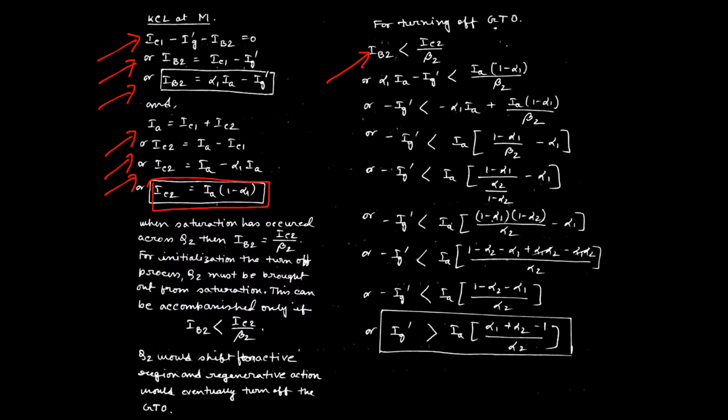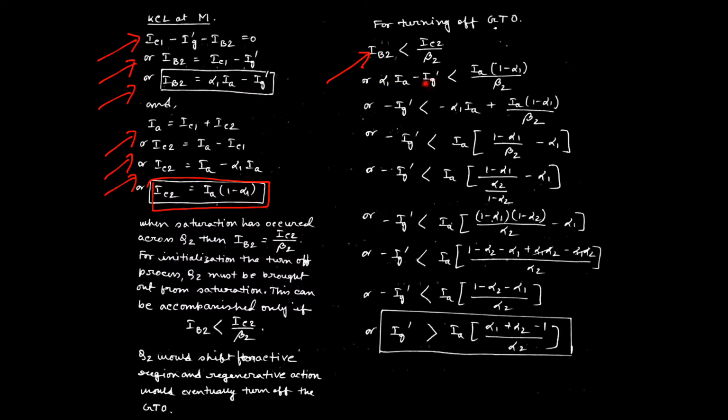That means we can say from the structure or the schematic circuit diagram, IB2 can be replaced by alpha 1 IA minus IG1, as described in this particular case. Okay, IB2 means alpha 1 IA minus IG1.